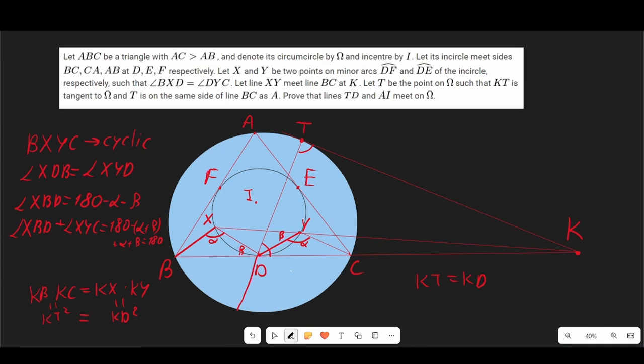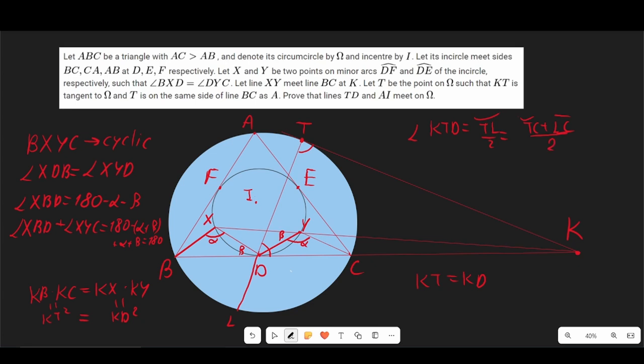And now use the fact that, calling this point L, angle KTD is half of arc TL. So this is half of arc TC plus LC, that is, (TC plus LC) over 2.